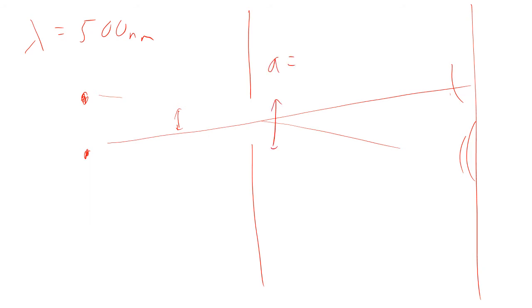Just analogous to how I started this, I want to know the angular separation if the wavelength of light is 500 nanometers, and this separation right here, A, is 1.41 micrometers. The sine theta minimum occurs at lambda over A. So this is going to be the resolution limit.